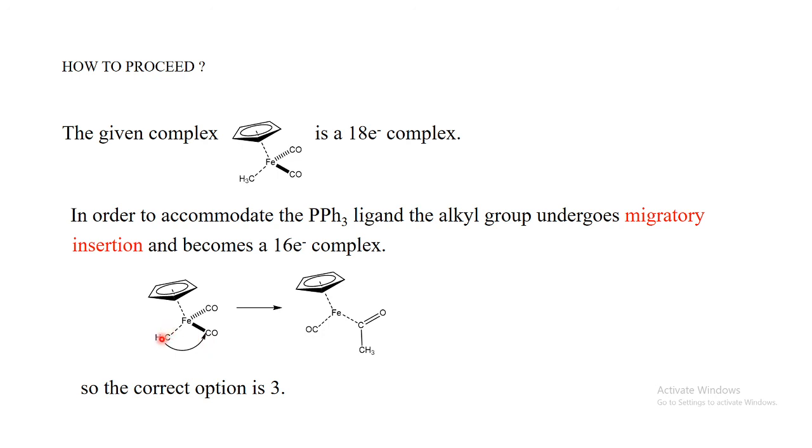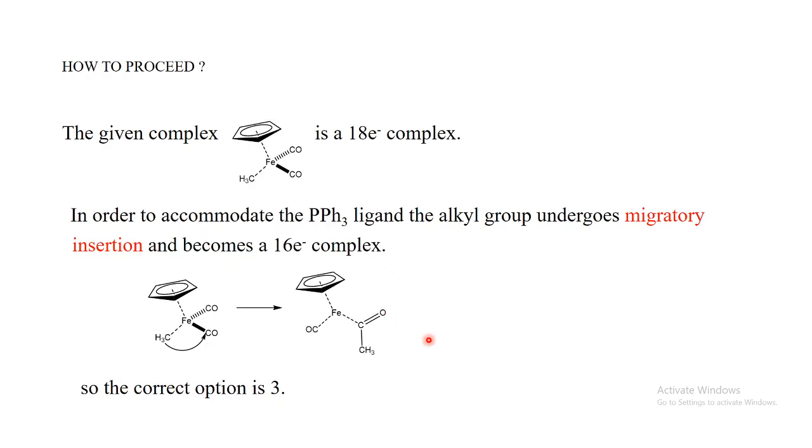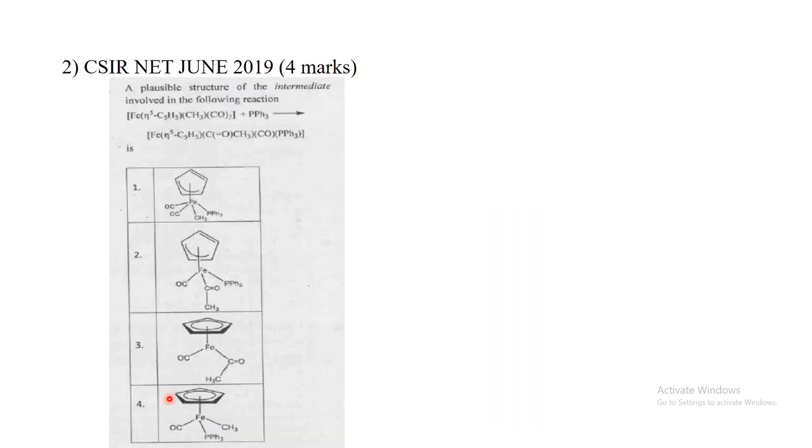When this methyl ligand migrates onto the carbonyl ligand, the resulting complex is a 16 electron complex. After this organometallic compound has been converted into a 16 electron complex, the triphenyl phosphine ligand can easily come and get attached to this iron center, and the overall electron count for the final product will be an 18 electron complex. So if we see the options, then option 3 is the correct answer.